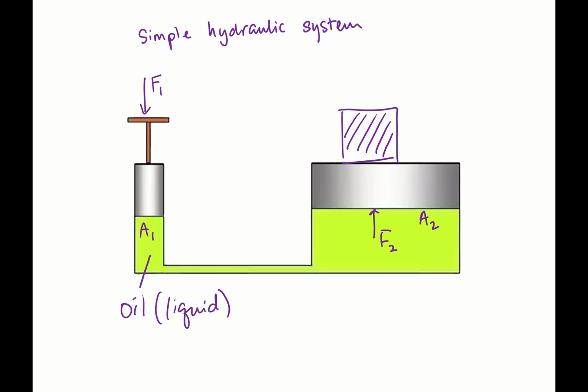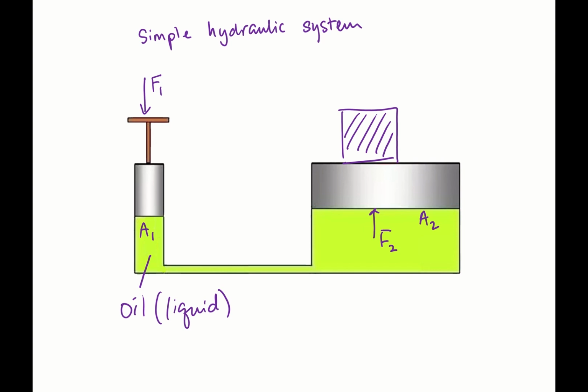Oil is preferred because most hydraulic systems are made of metal. So water is not preferred because water will cause metal to rust. Hence oil is usually the preferred liquid used in a hydraulic system. And oil is also more lubricated.